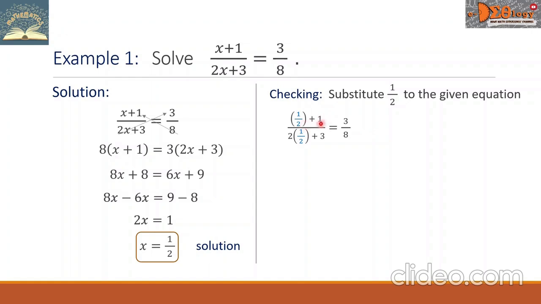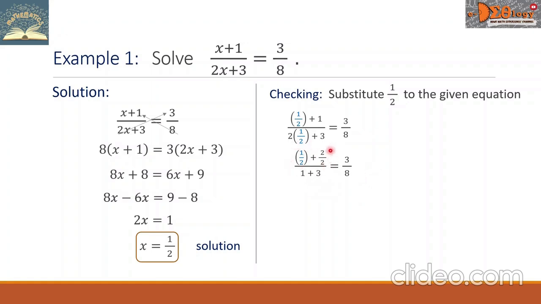We multiply these two by 1. That will be 2 all over the same denominator 2. So we have 1/2 plus 2 over 2 all over. This 2 times 1/2 is 1, and then plus 3 equals the right side value.